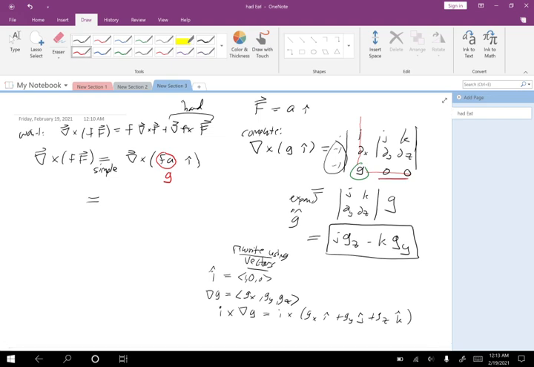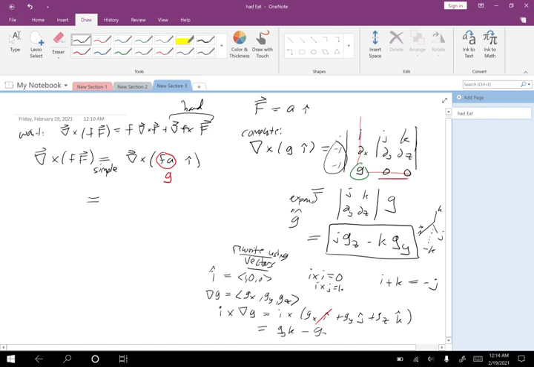Notice that the first term is 0. i cross i is certainly 0. And i cross j is k. And i cross k by the right-hand rule should be minus j. So we end up just with Gy k minus Gz j.